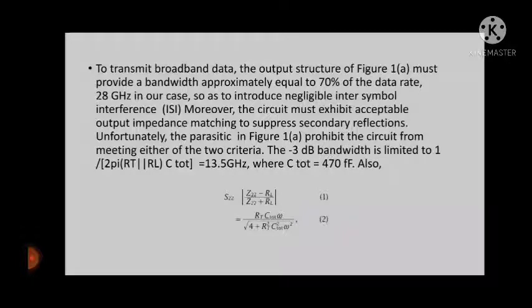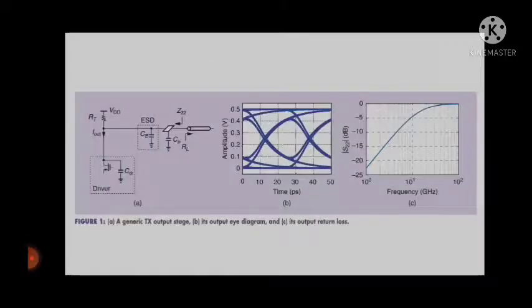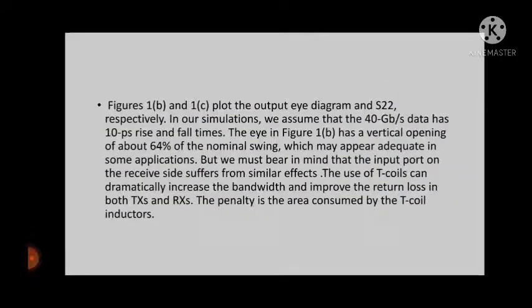Also S22 equals (Z22 minus RL) over (Z22 plus RL), where Z is the impedance, and that equals RT CTOT ω over the square root of 4 plus RT² CTOT² ω². Figure 1b and 1c plot the output eye diagram and S22 respectively.